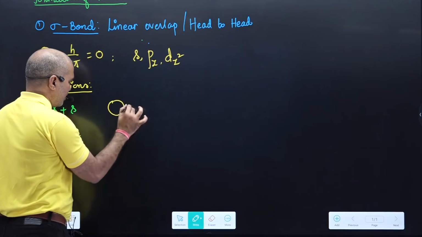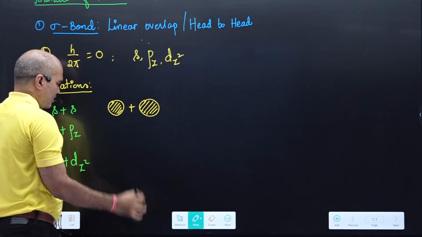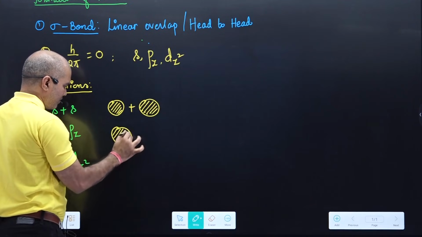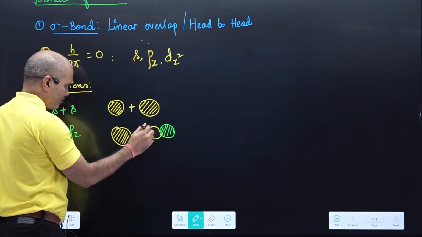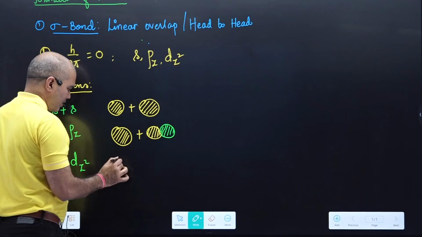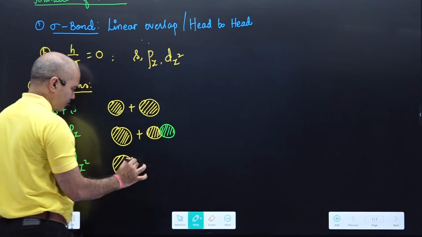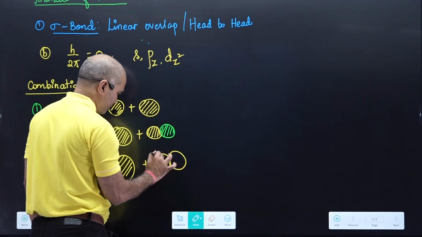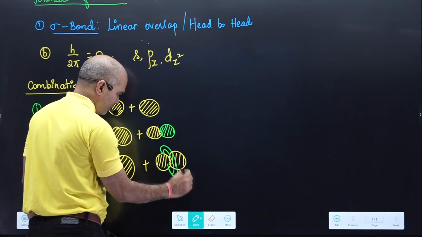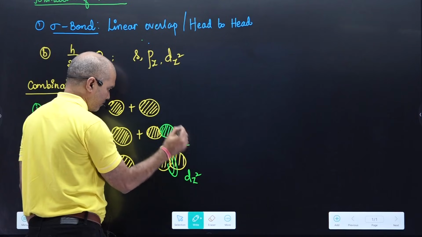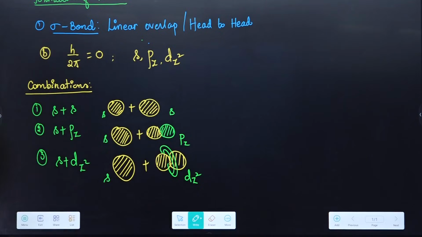Suppose if I give you s orbital and another s orbital, or I can give you s orbital and a p orbital. We say symmetry allowed combination.